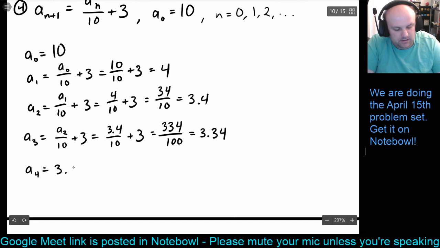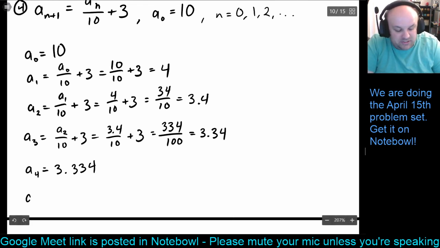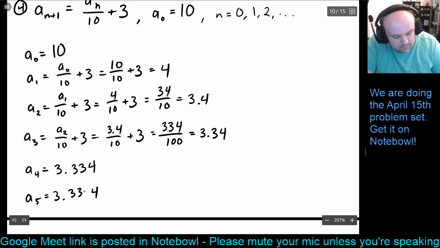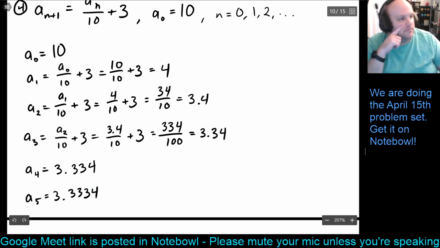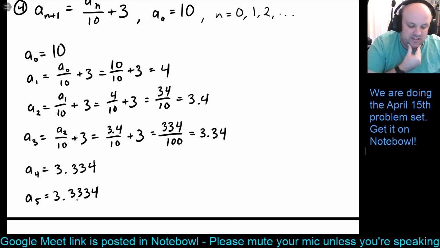A4 is going to be 3.334. I think you had maybe one too many zeros. But you did have A5. A5 is going to be 3.3334. So you might be able to tell now what's going to start happening here. We're going to continue pushing out more and more 3s to this.